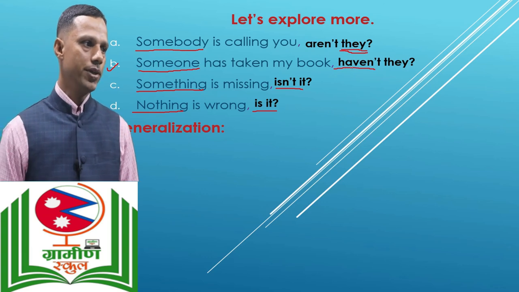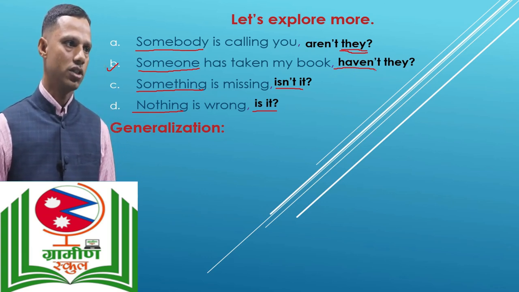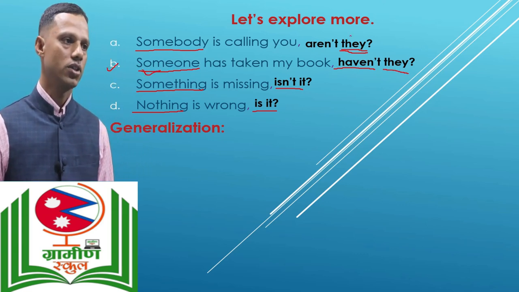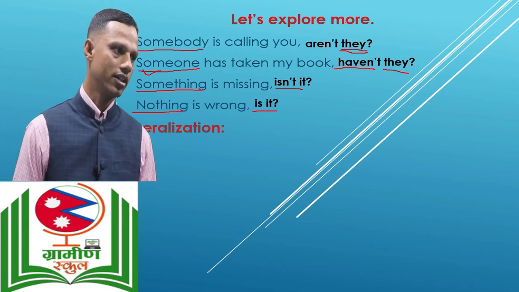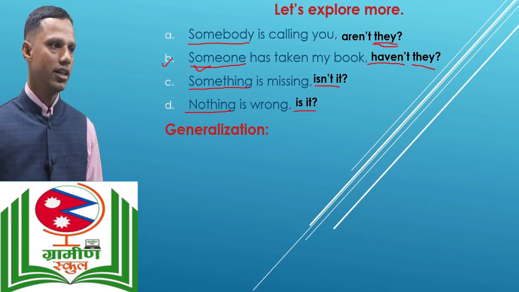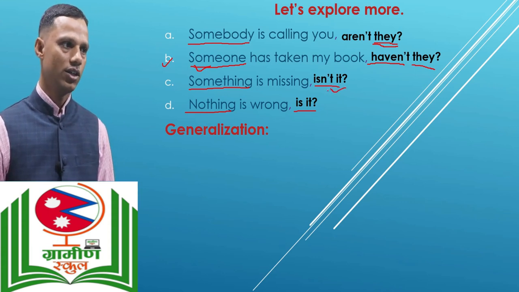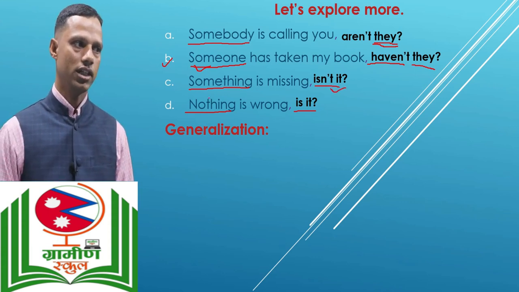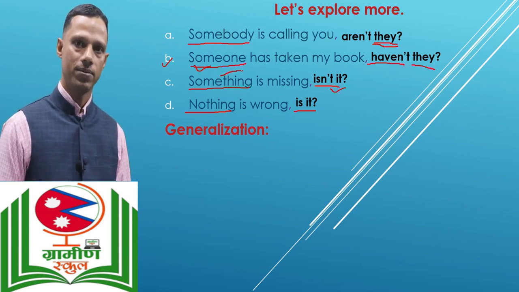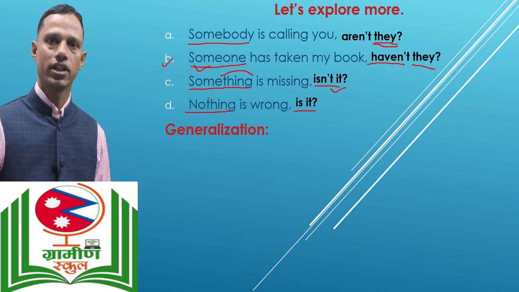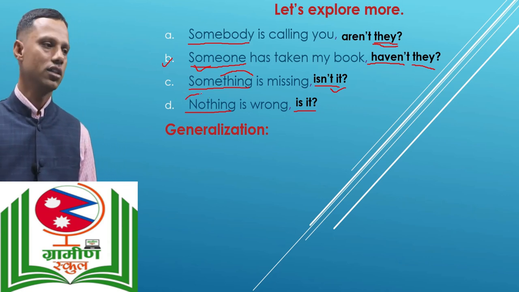In the same way, number B, someone has taken my book. Haven't they? You can notice, in place of someone, we have used they in the question tag. In the same way, number C, something is missing. Isn't it? Now, when there comes something, nothing, everything, then in place of these pronouns, we use it as the subject in the question tag.